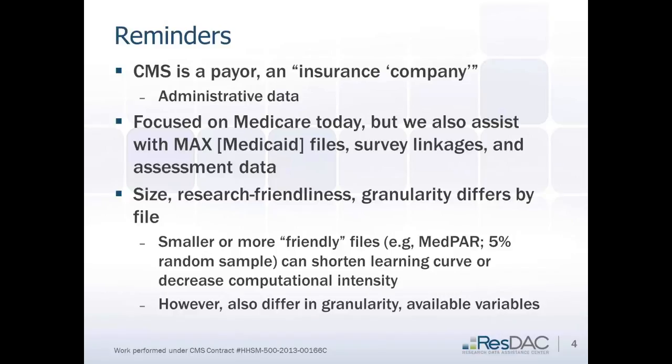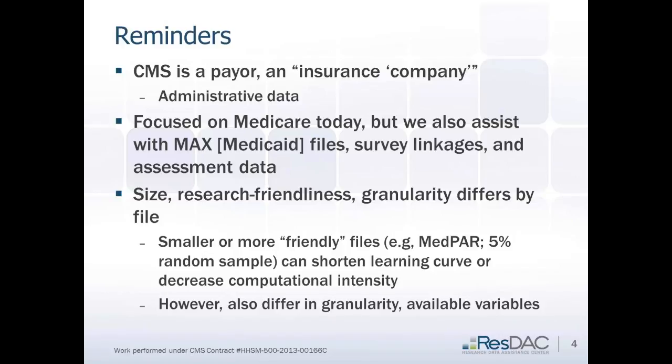Medicare data are comprised of multiple files split into categories or settings of services such as hospital inpatient file, outpatient file, the carrier file with physician and other supplier claims, and so on. The files don't all have the same structure to them, so there is a learning curve. However, the size, research friendliness, and granularity of files does differ.